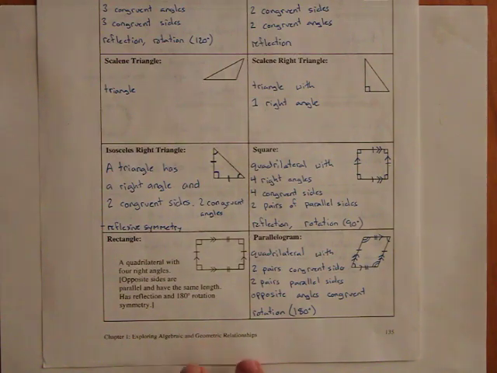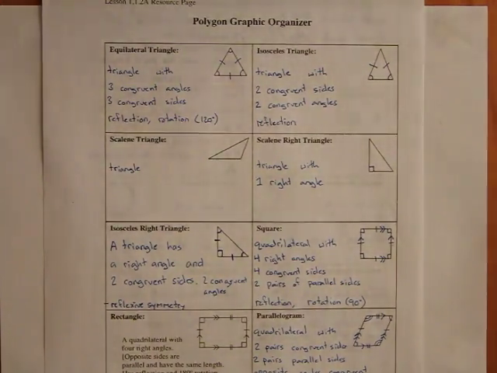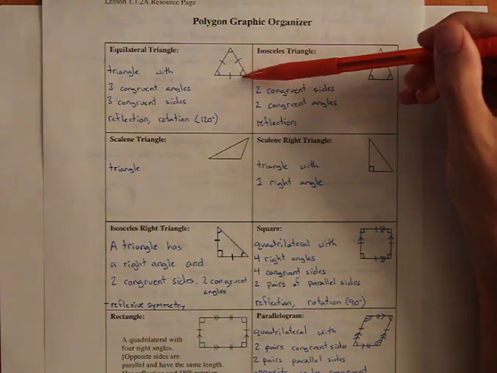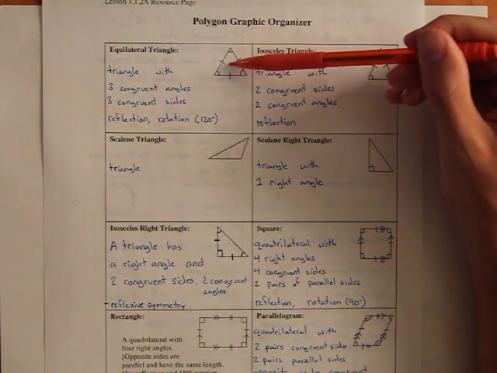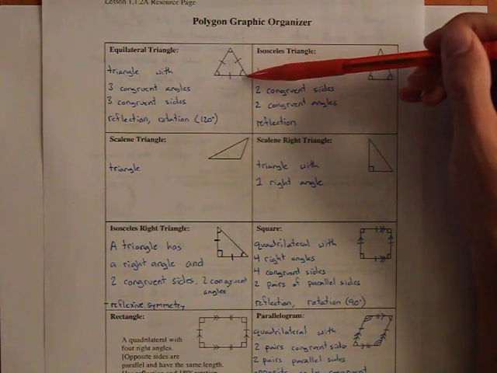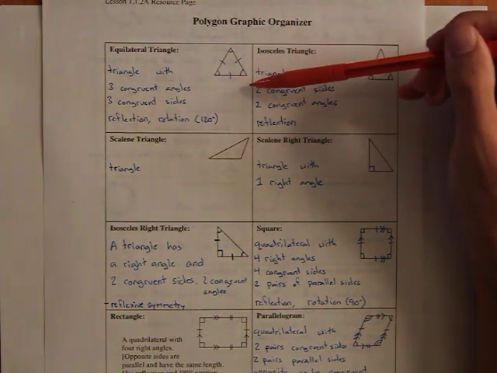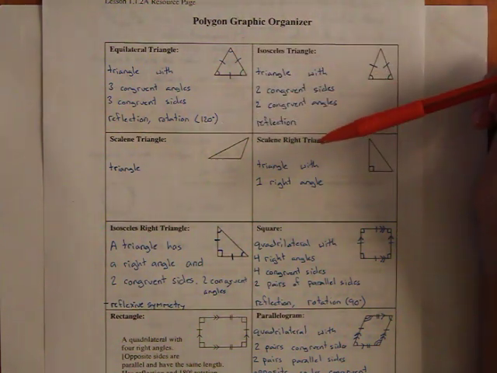Something else I want to mention as you are writing these out: rotation-wise, the key is we don't want to go a full circle, so we won't go 360. For example, with this one, you can imagine that if you put a center dot there and spin it around, about a third of the way around, it'll match back up on itself. A third of 360, one full circle, is 120 degrees.